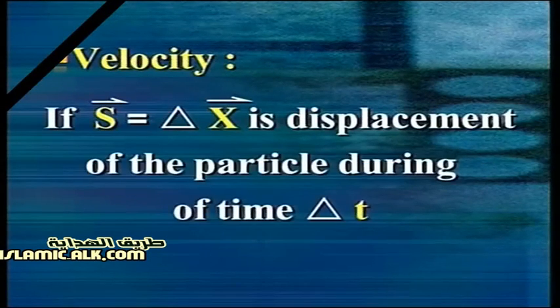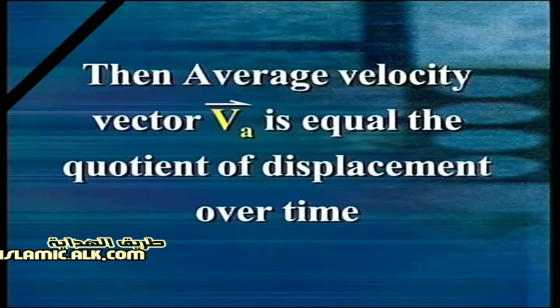Velocity. What do you mean by the velocity? If delta x is the displacement of the particle during the time delta t, then the average velocity vector, its symbol VA vector, is equal to the quotient of displacement over time.